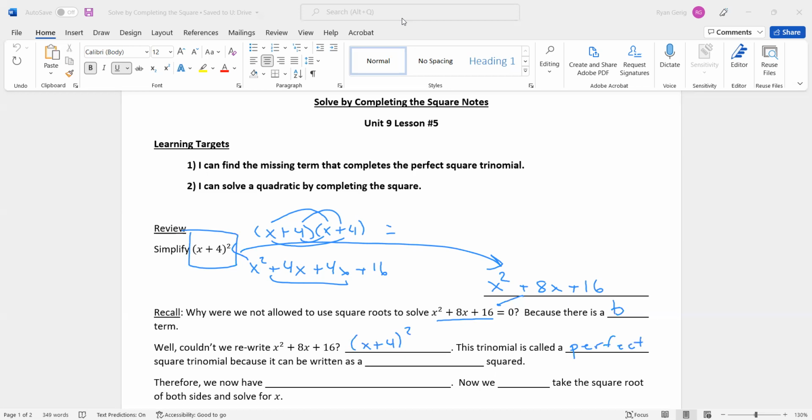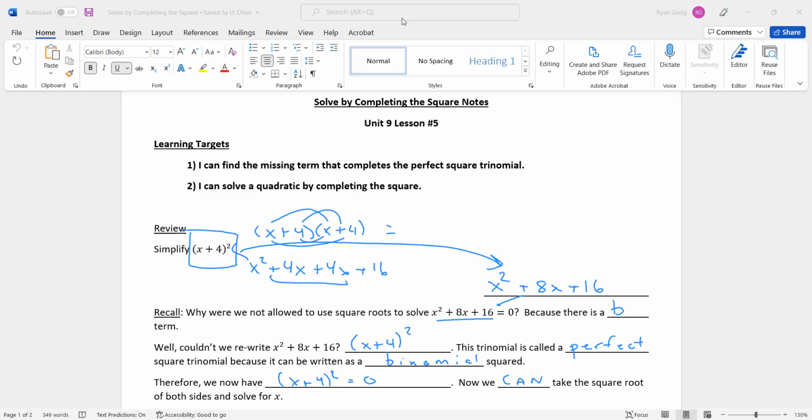Why? Because it can be written as a binomial squared. Right? Therefore, we now have x plus 4 squared equals 0. Okay, now we can take the square root of both sides and solve for x.